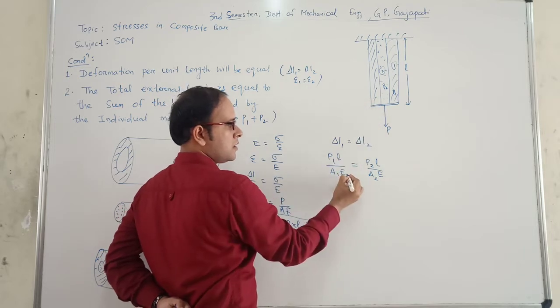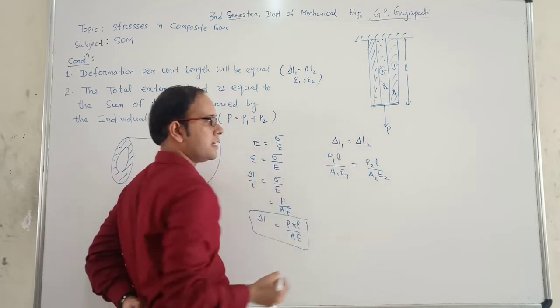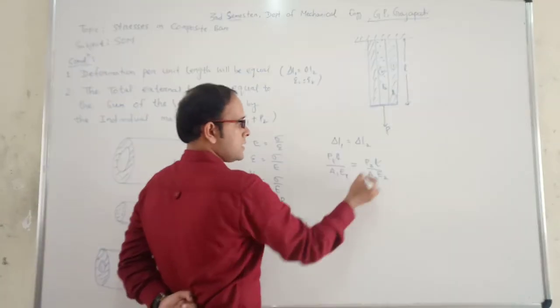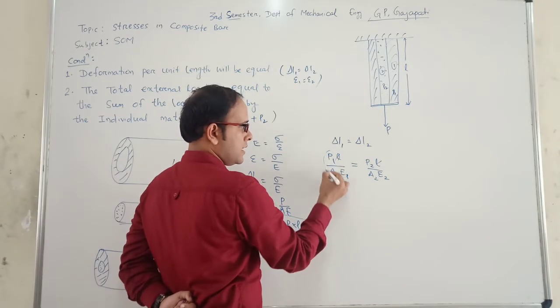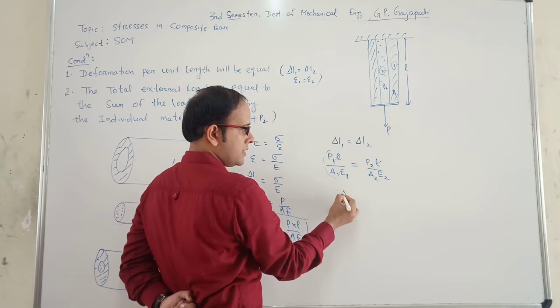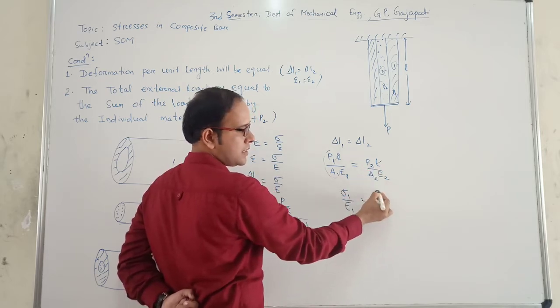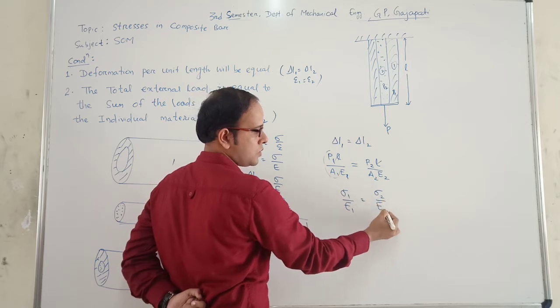If both are different materials, we take E1 and E2. L can be cancelled out. So we can take P1 by A1 as sigma 1 and P2 by A2 as sigma 2, so sigma 1 by E1 equals sigma 2 by E2.